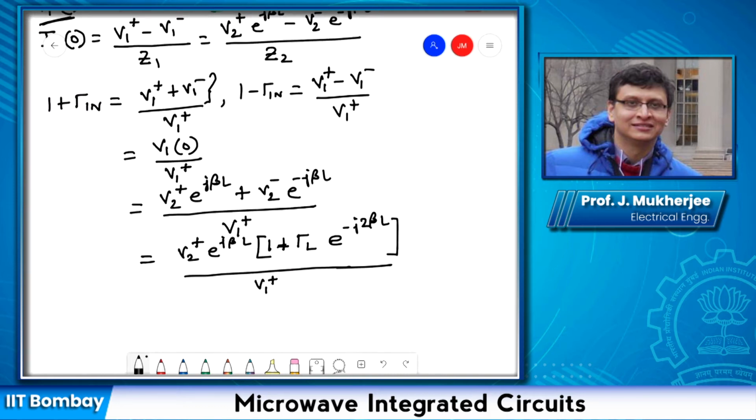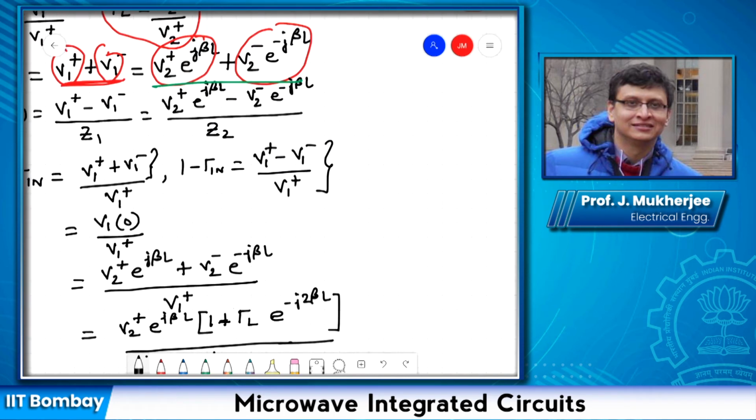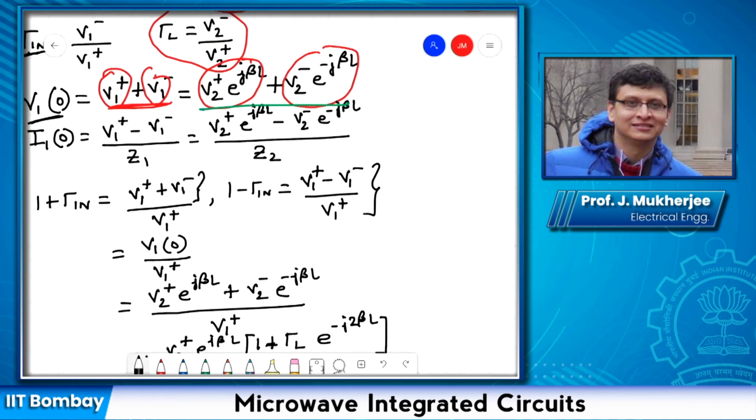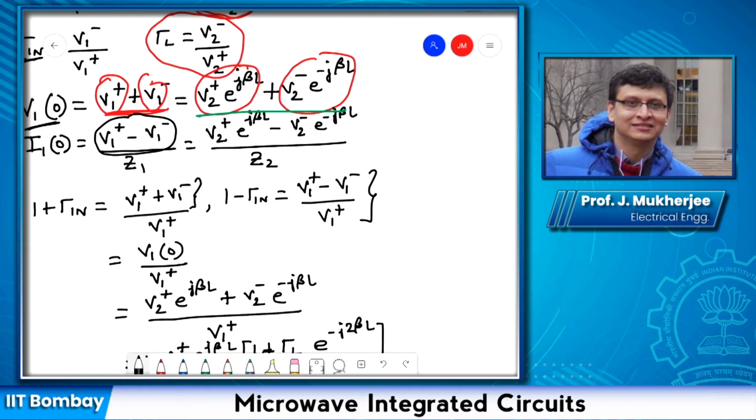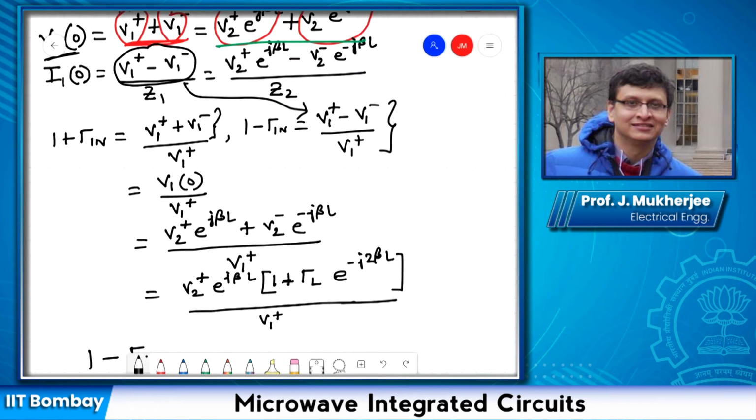Similarly, I'm not deriving it, but this expression I can write as 1 minus gamma in is equal to, now if I substitute this quantity and put it here, then what do I get?